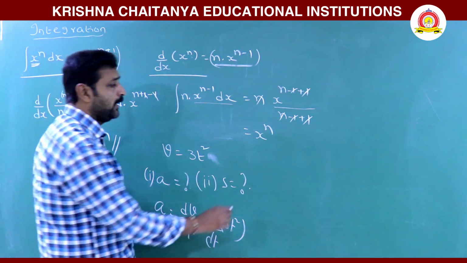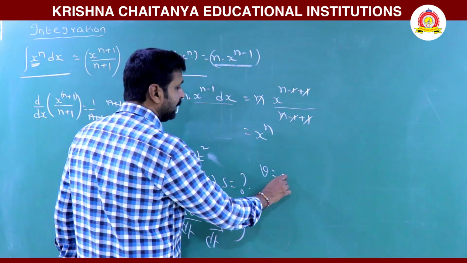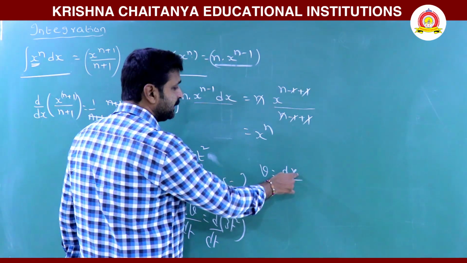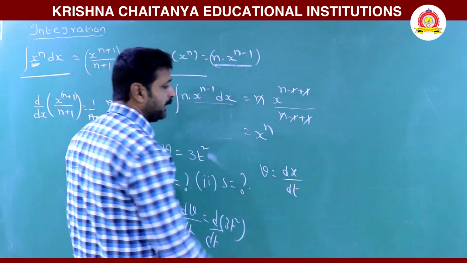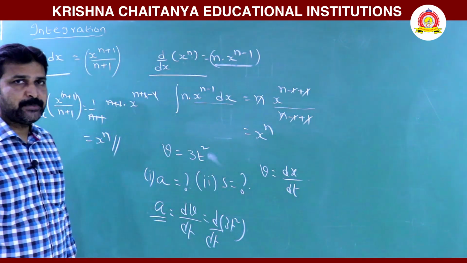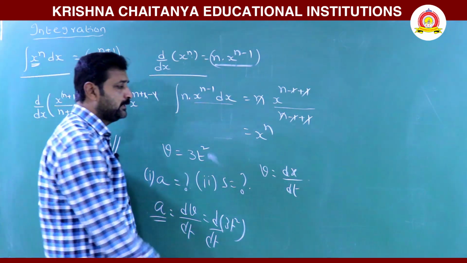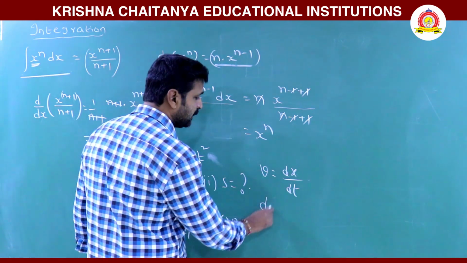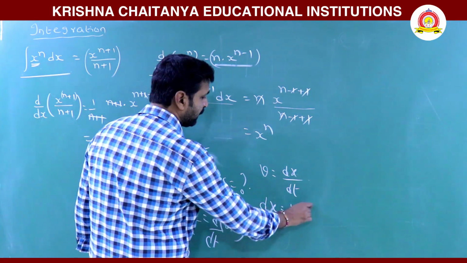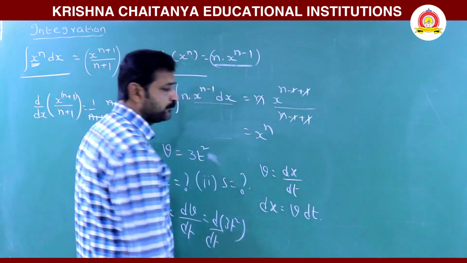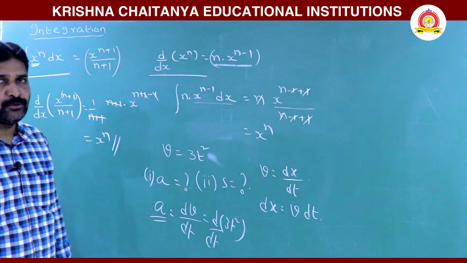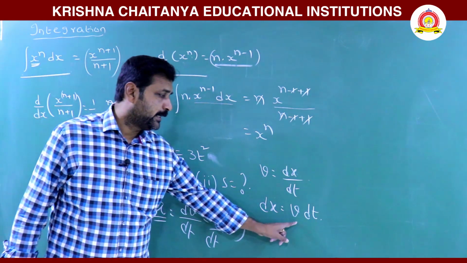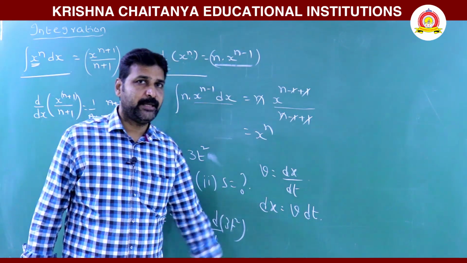Similarly, velocity is displacement by time interval, which is dx by dt. So this is instantaneous velocity. Then when displacement is asked, dx is v into dt. Now here it is a product, a multiplication.